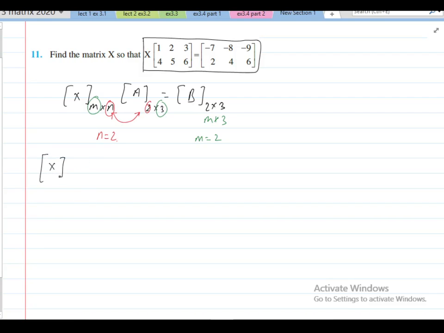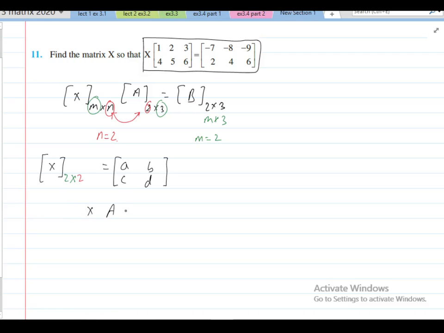So what will be the order of X? 2 cross 2, two rows and two columns. Let's call its elements A, B, C and D.